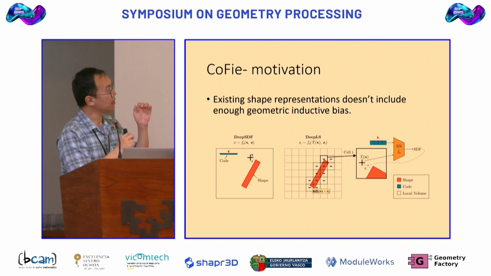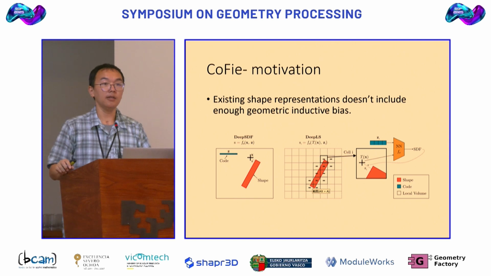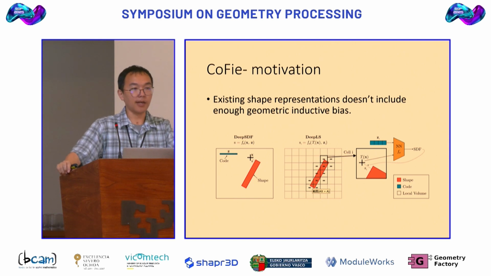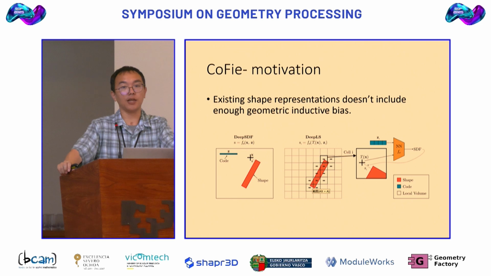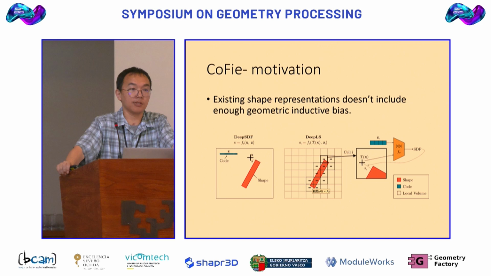So essentially, the neural network encodes the signed distance function of the underlying shape. If you have the signed distance function, then the zero-level set gives you the shape. This is called implicit representation, which is widely studied in geometry processing.